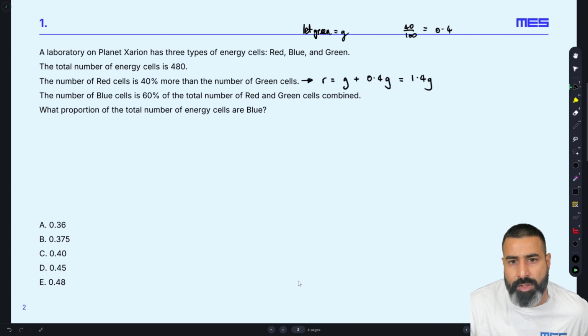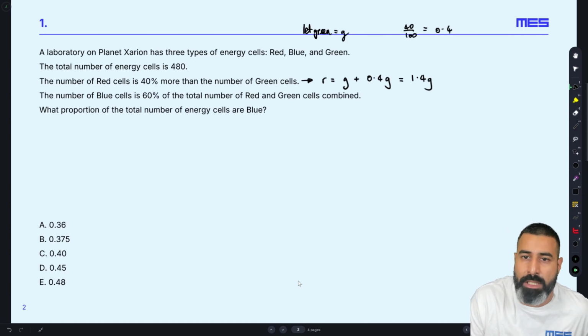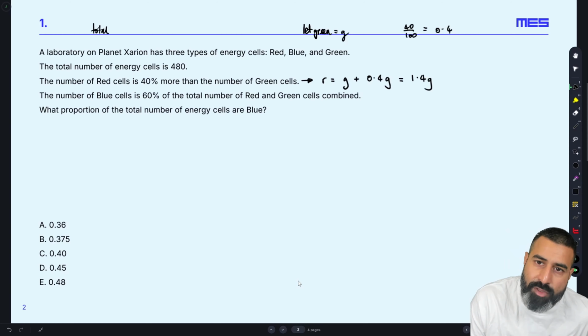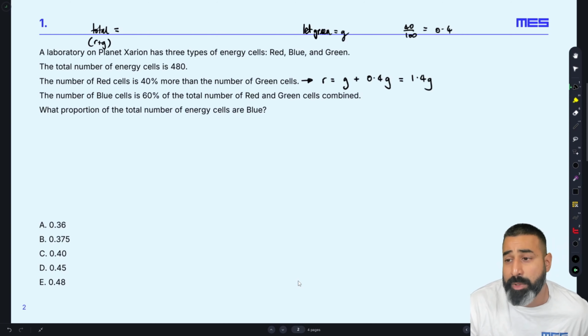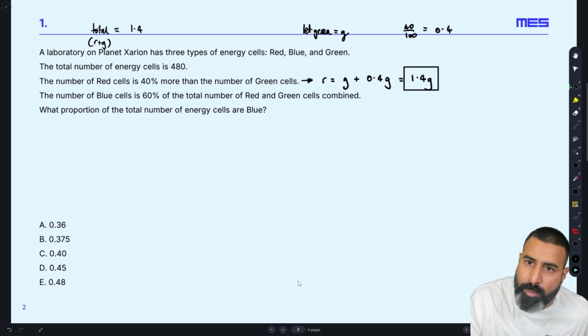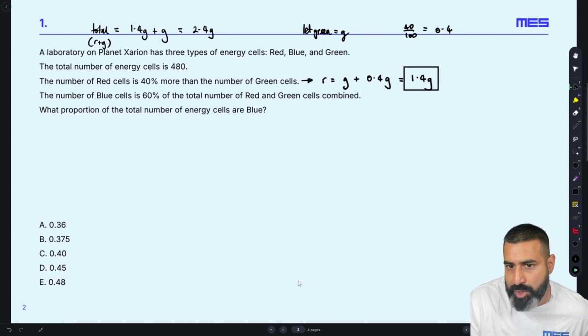Okay, so the number of blue cells is 60% of the total number of red and green. Okay, so let's say that the total number of red and green, and we can write these in terms of G. So red is 1.4G and G is just G. So the total number of red and green is equal to 2.4G.